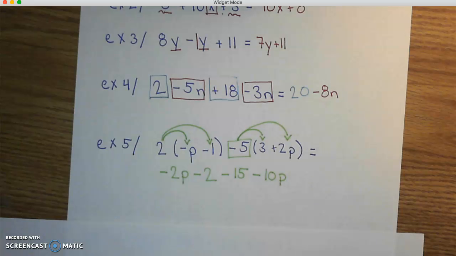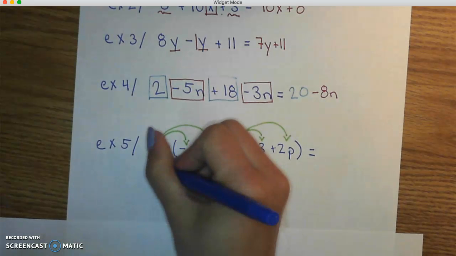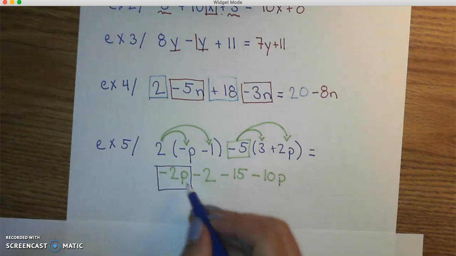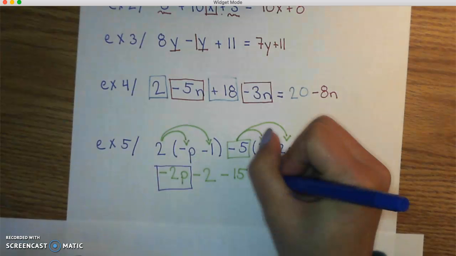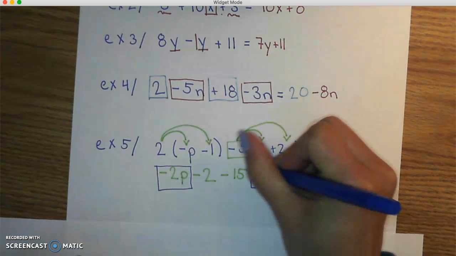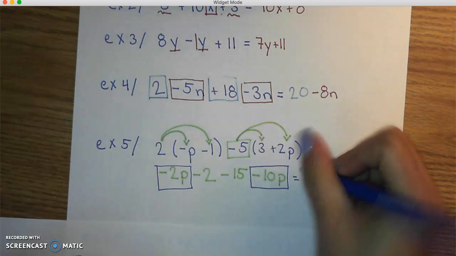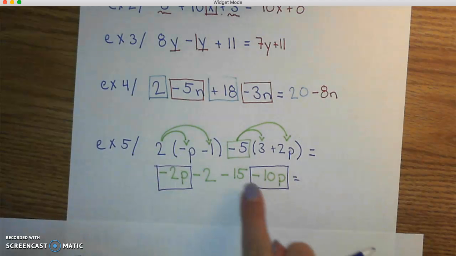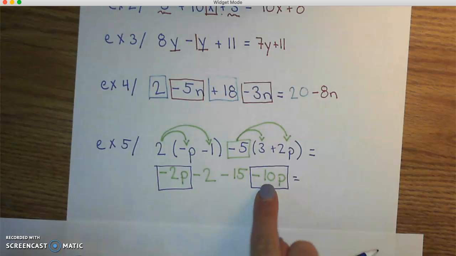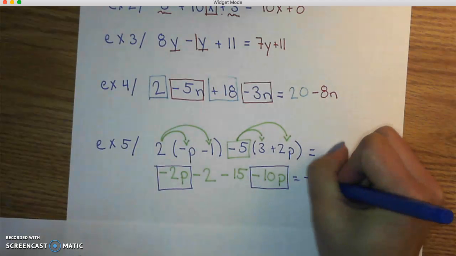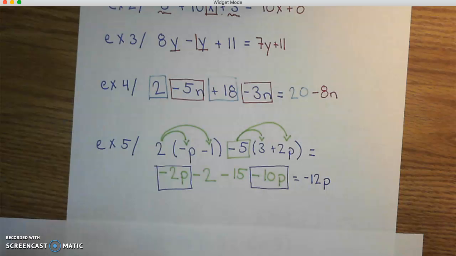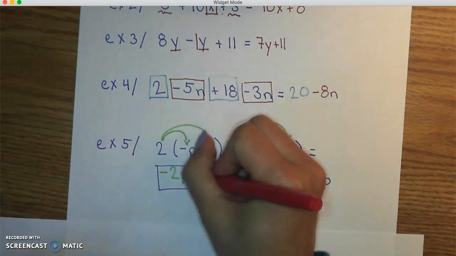Now I can see who's on each team. I have negative 2p, team P, and again I have a negative 10p. So a negative 2 more negative by 10 is a negative 12p. All right, and then what's left is team constant.